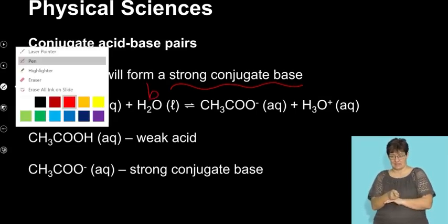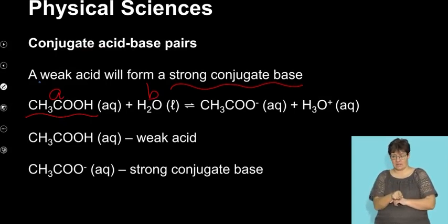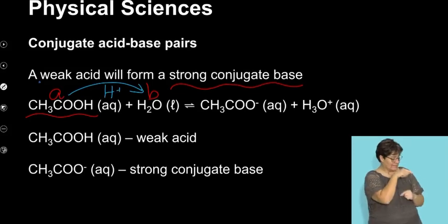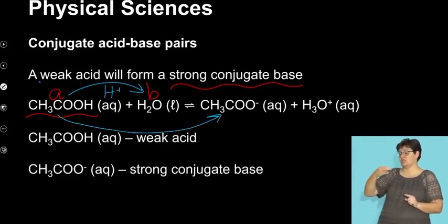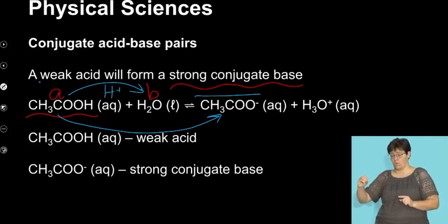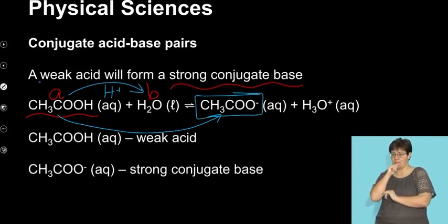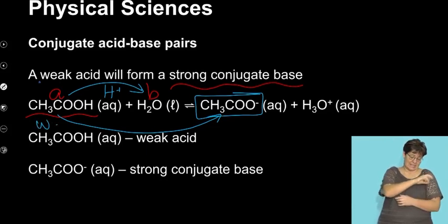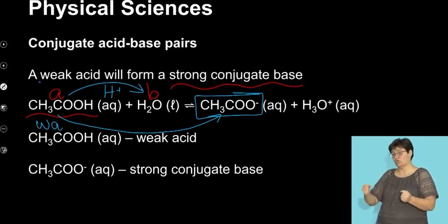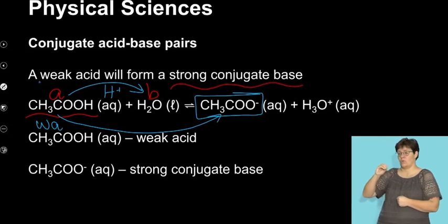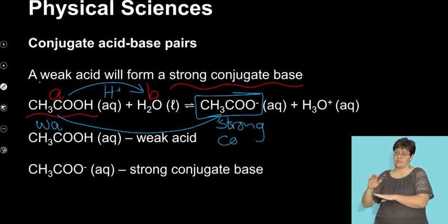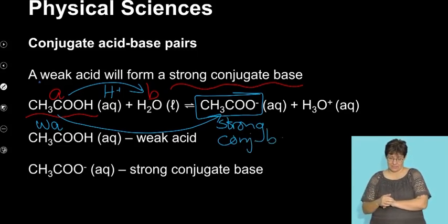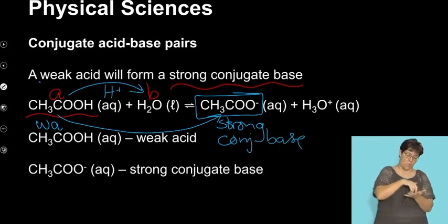But what will happen here is when your acid transfers the proton to the base, it will become your acetate ion. And this acetate ion here, because this is a weak acid, becomes a strong conjugate base of the weak acid.